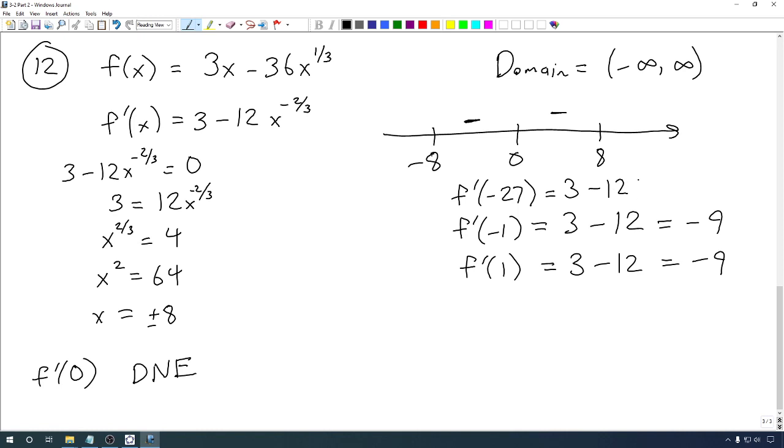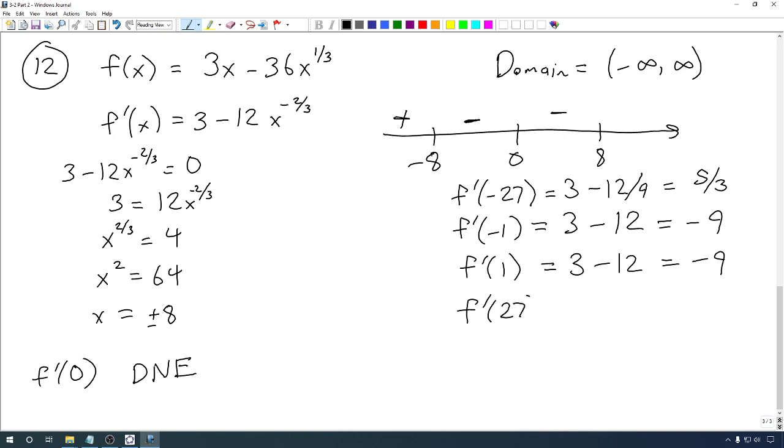So really I'm taking this 12 and dividing it by 9. So this is 3 minus 4/3, if we simplify that. And we combine those two fractions, get a 5/3. So a long-winded way of saying our derivative is positive from negative infinity to negative 8.